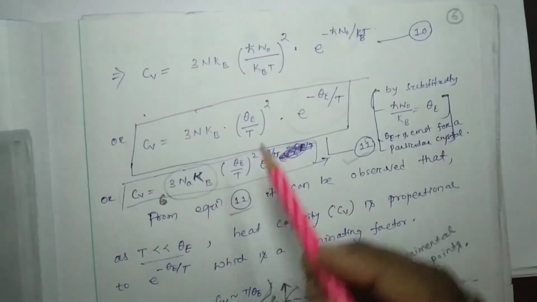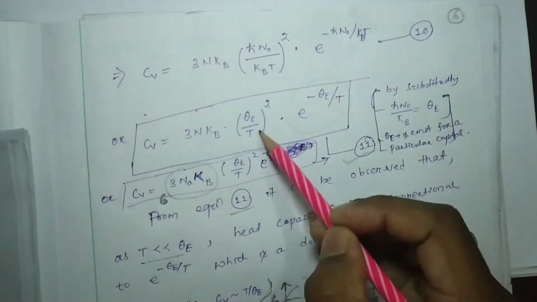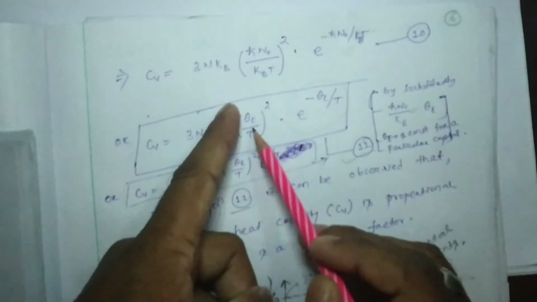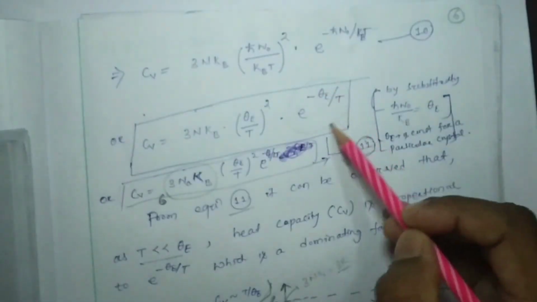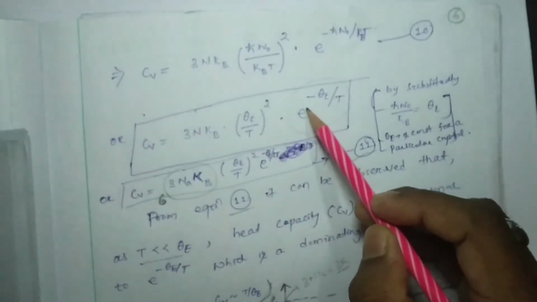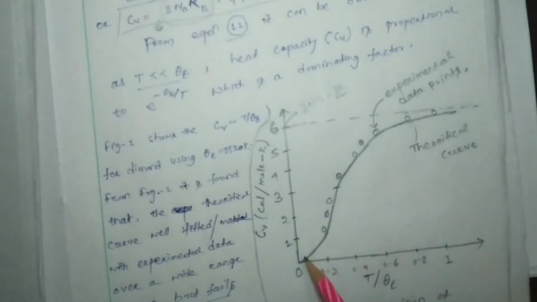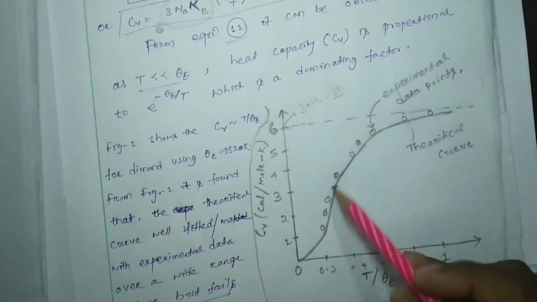Now you can say that with decrease of temperature this factor increases. That means these two factors are coupled with each other, but at low temperature this factor dominates over the other one. So we can say that due to this factor Cv decreases at low temperature, which Einstein was able to explain. But it decreases exponentially.